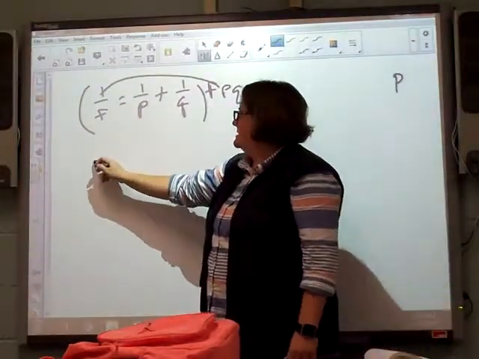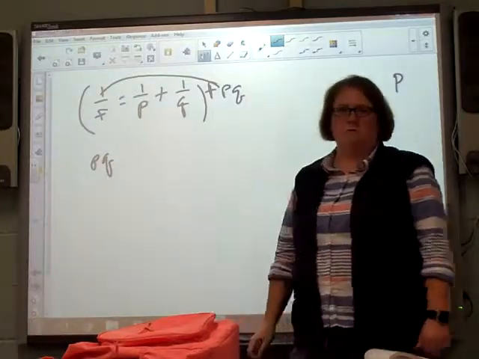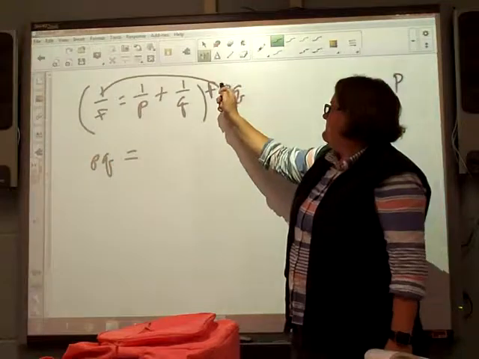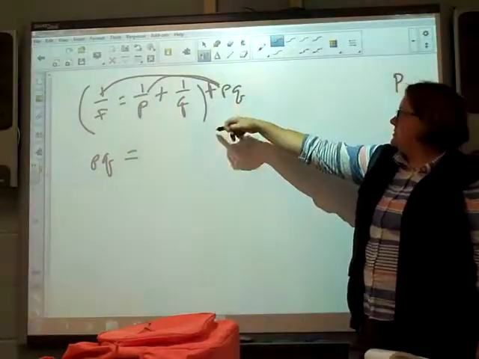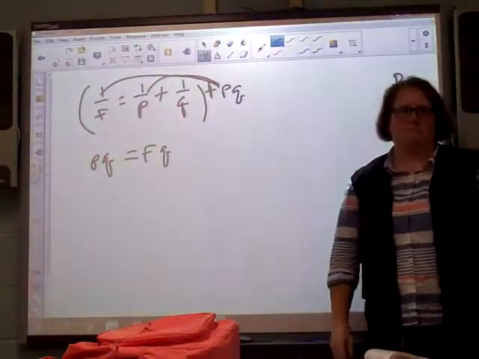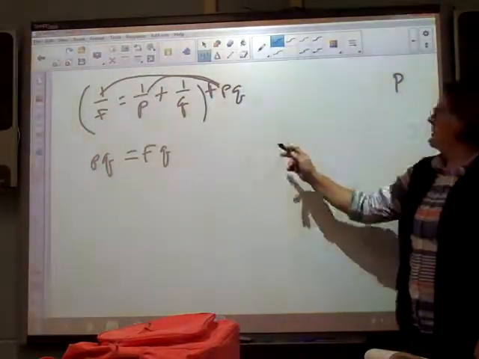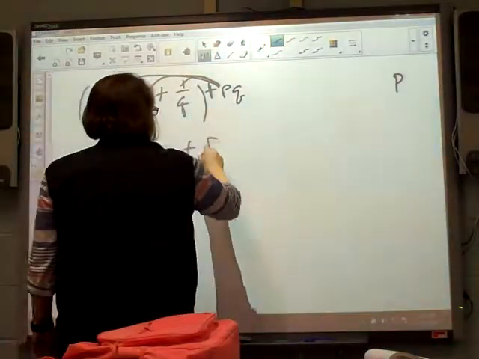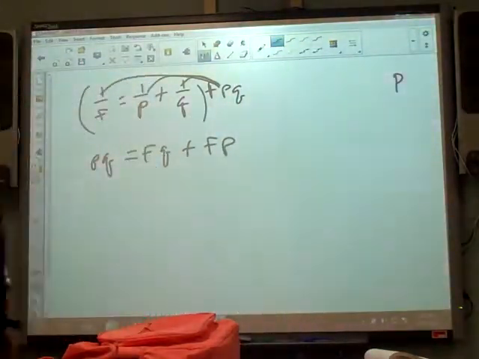So I'll have 1 times P times Q, equals. When I go to the second piece, the P's will cancel, so I got 1 times F times Q. When I go to the third piece, the Q's cancel, so I got 1 times F times P.